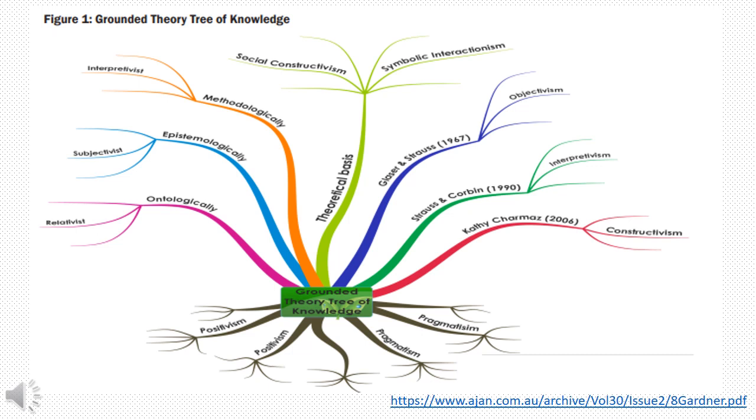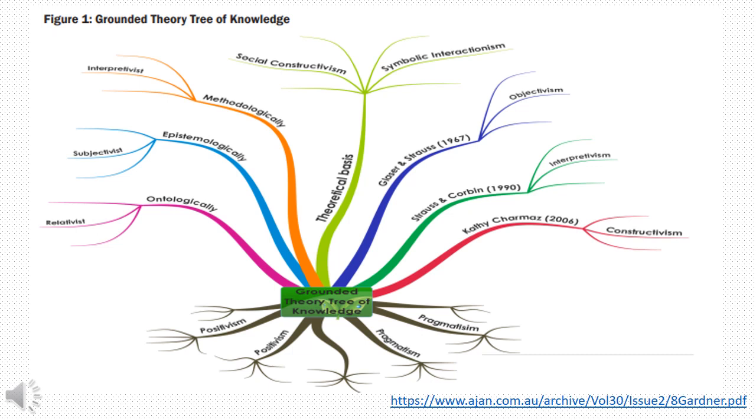And what sort of shoots emerged out of this tree? The very first one was Glaser's objectivism, Strauss's interpretivism, and Kathy Charmaz's constructivism. And then we see they started using different methodologies like interpretivist methodologies, social constructivism, and symbolic interactionism.